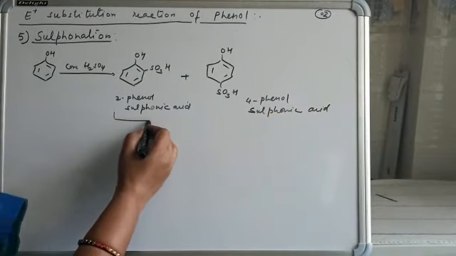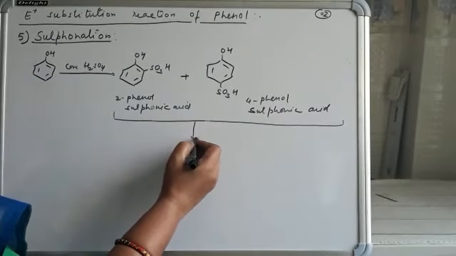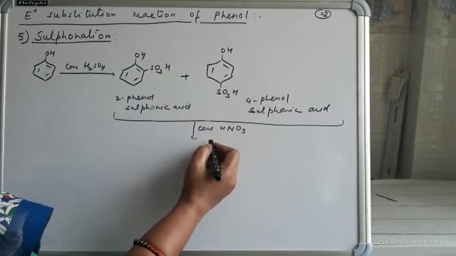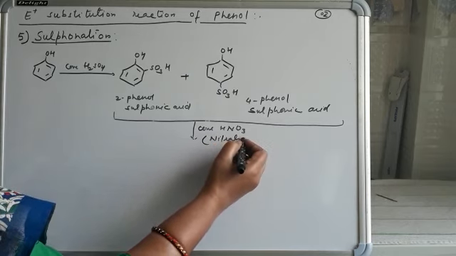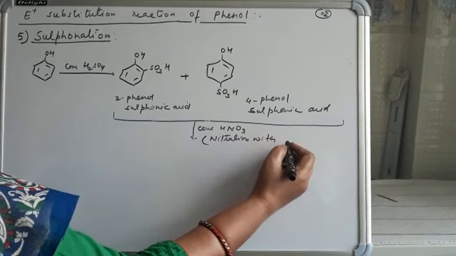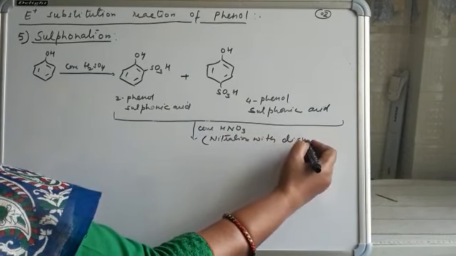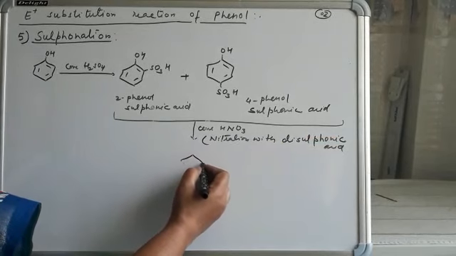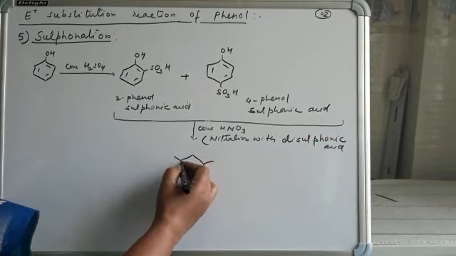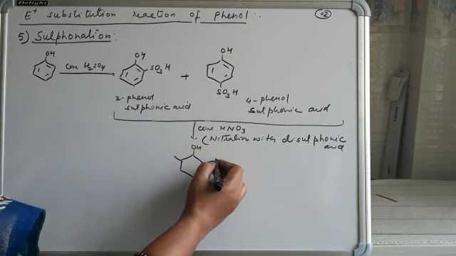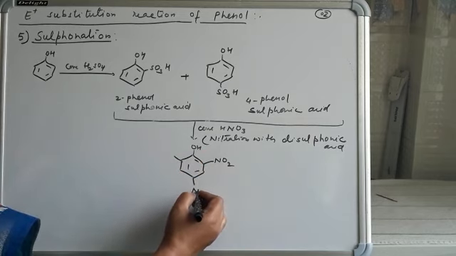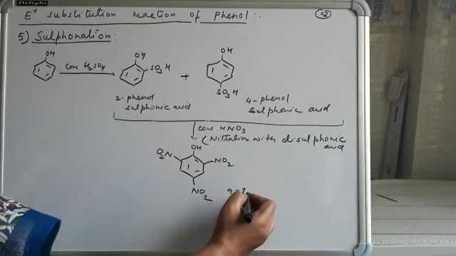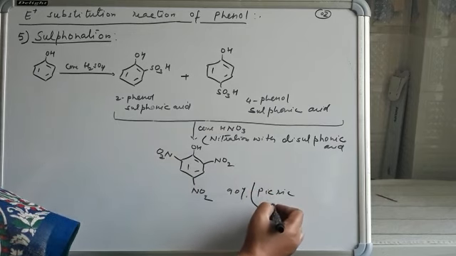When this mixture is treated with conc nitric acid, means nitration of the disulfonic acid, the product will be picric acid with good yield, 90% picric acid formed.